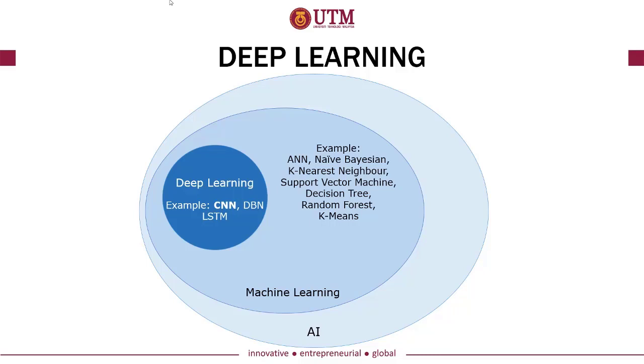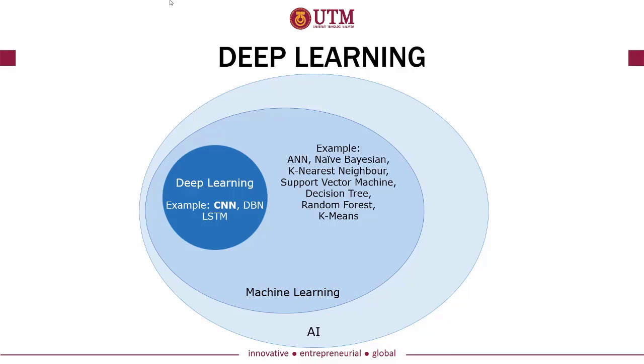Just don't be confused by the definition, because we actually use the term deep neural network. When you have many hidden layers in your artificial neural network, it is called a deep neural network, and a deep neural network is deep learning. I don't want you to be confused about the difference between deep learning and deep neural network.